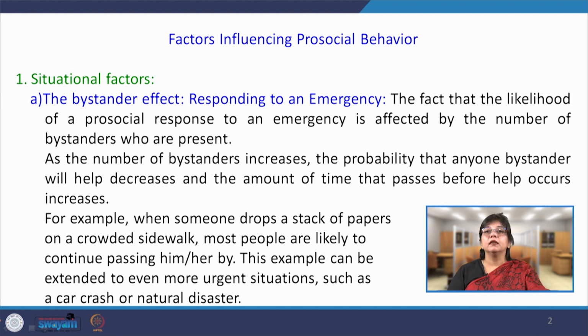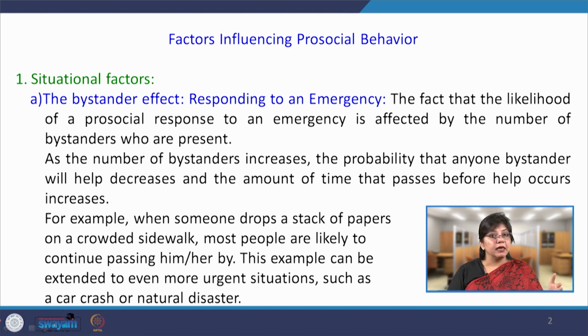The likelihood of a prosocial response to any emergency is affected by the number of bystanders who are present. The idea is that when any accident has taken place on the road, people will come together on that spot, but it is observed that as the number of bystanders increases, there is less likelihood that any bystander would come forward to help the person who has met the accident.